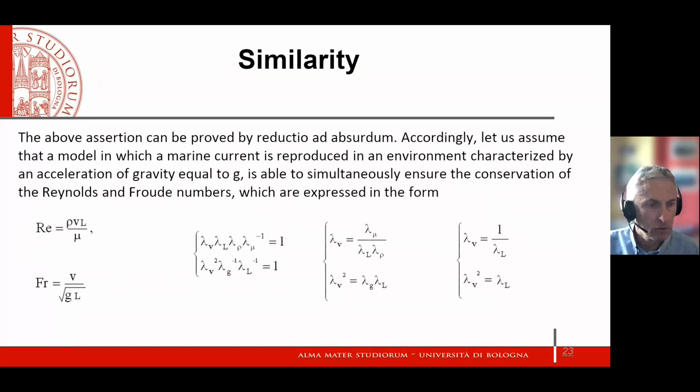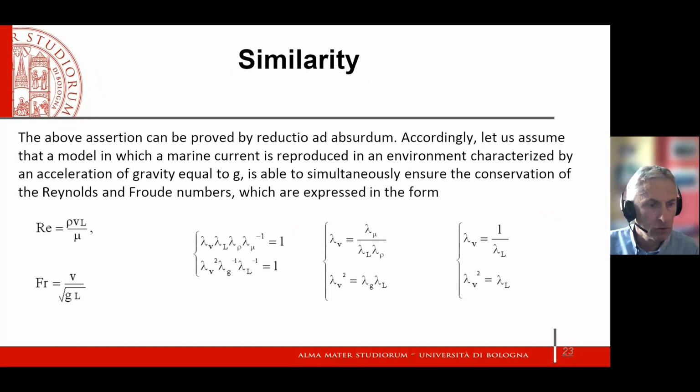there is to say that you may be not interested in reproducing some physical quantities, and therefore some dimensionless numbers. So you may conclude that in your small scale model, you don't need to reproduce perfectly all the physical quantities, but only those that are relevant to the process that you are investigating.